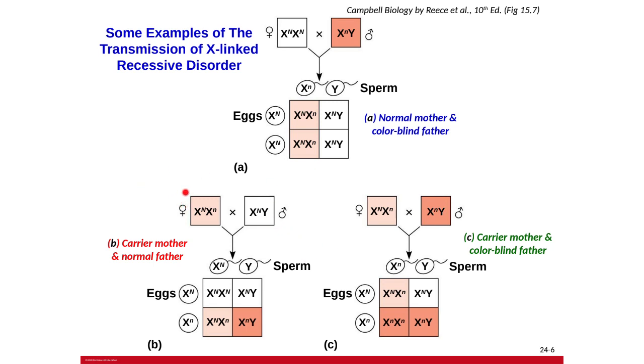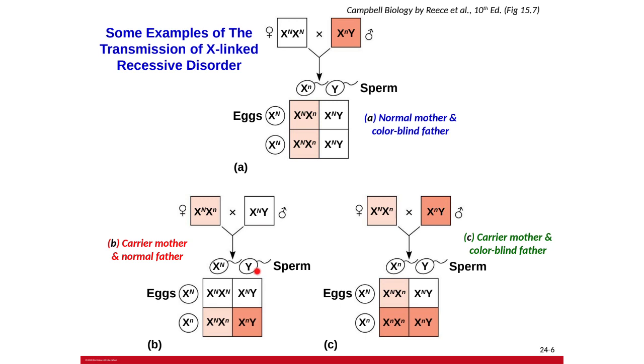Over here, we have a female who's a carrier, so she's X big N, X small n. Now she's crossed with a male who is X big N, Y. Now let's look at what happens in terms of the offspring here.